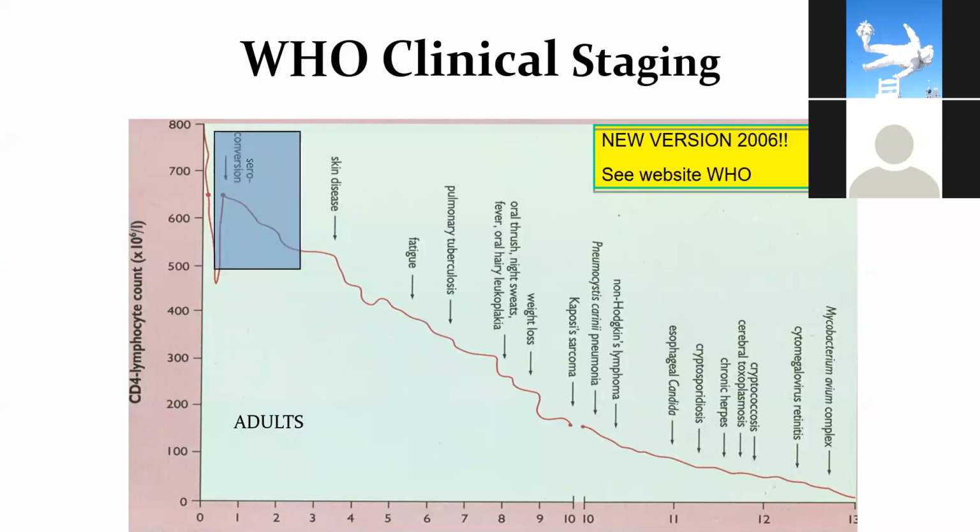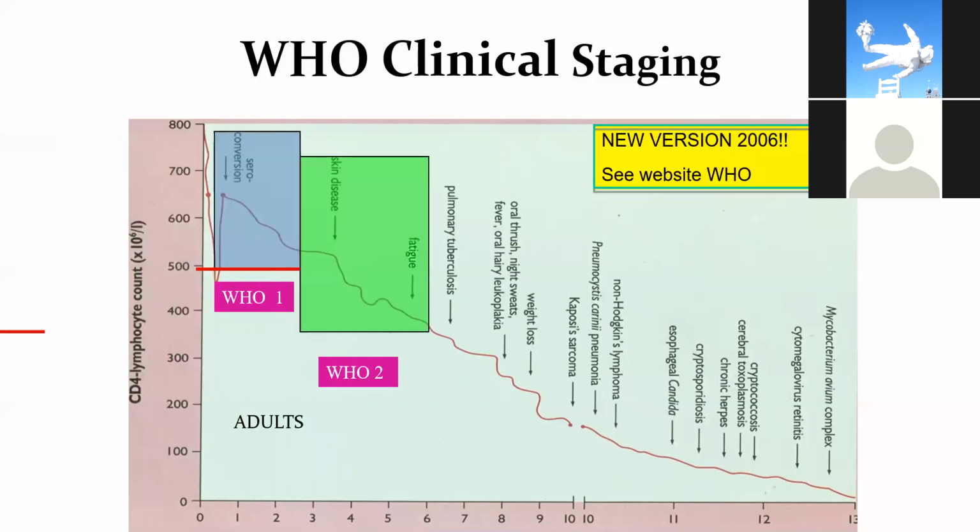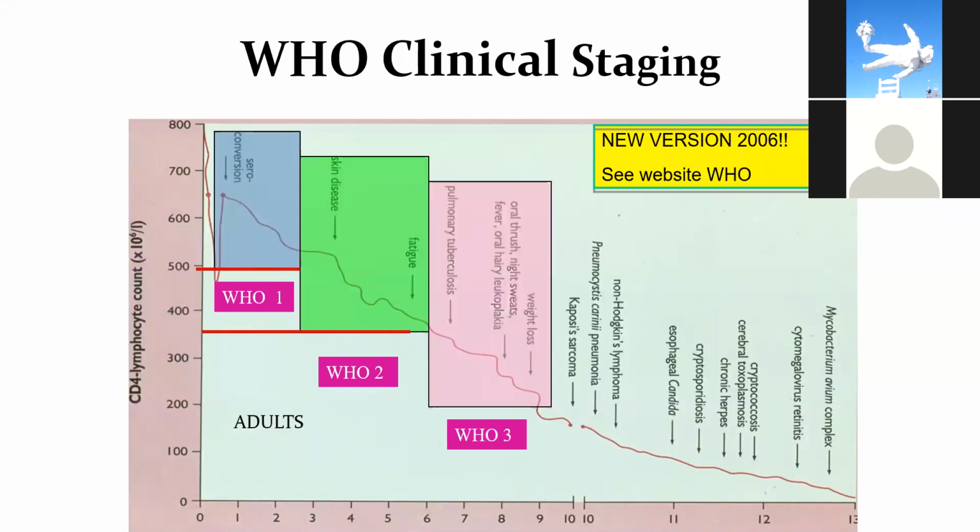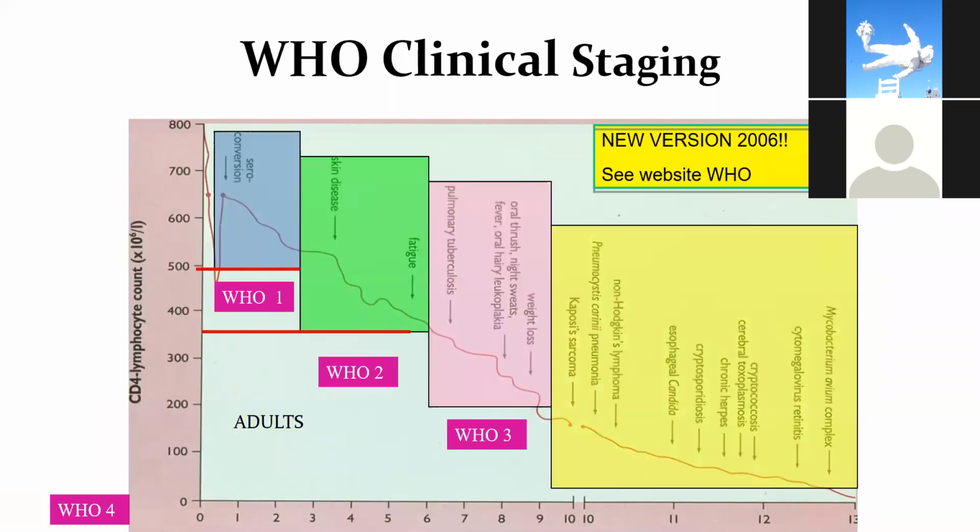You can see the early stages will be stage 1, then as you progress stage 2, as you progress stage 3, as you progress, that will be the last stage, which is stage 4. These days we no longer talk much about WHO staging, but it is critical to understand there's a way of assessing the progression of HIV.